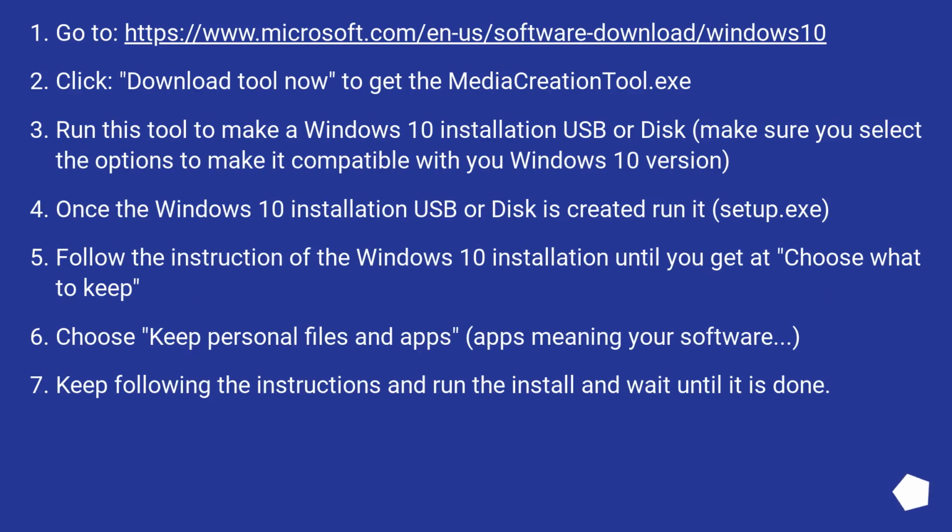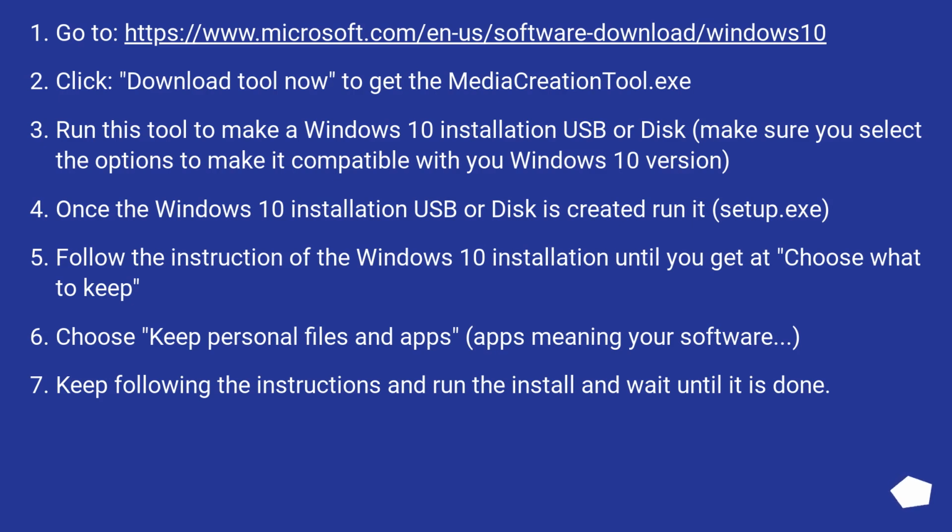Go to this URL. Click Download Tool now to get the Media Creation Tool.exe. Run this tool to make a Windows 10 installation USB or disk. Make sure you select the options to make it compatible with your Windows 10 version. Once the Windows 10 installation USB or disk is created, run setup.exe.